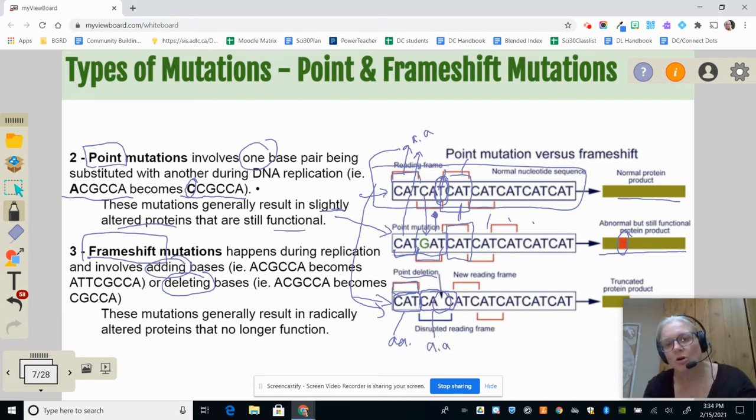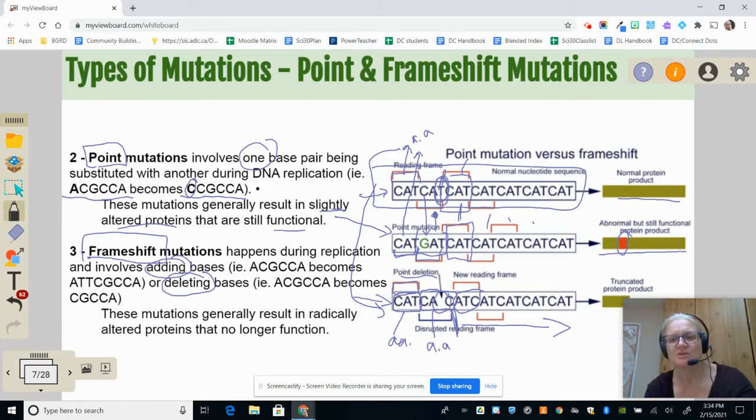So then your next amino acid would be these 3. So the frame of the reading of the 3 code has shifted now, and so from this point forward, all your amino acids are going to be different, or there could be a termination code in there as well, so your protein is shut down.